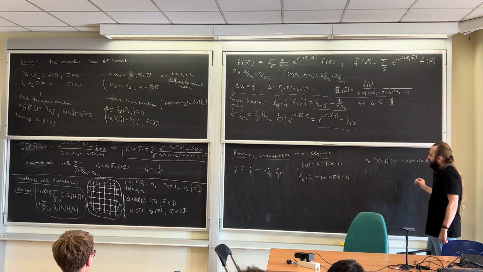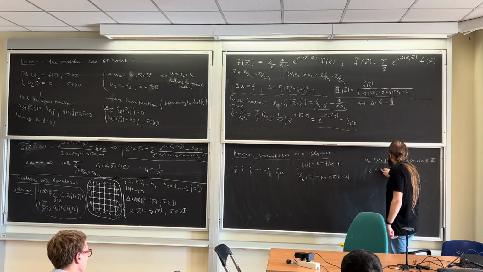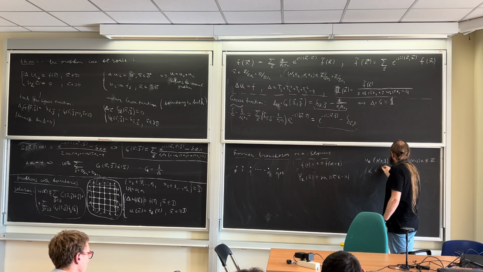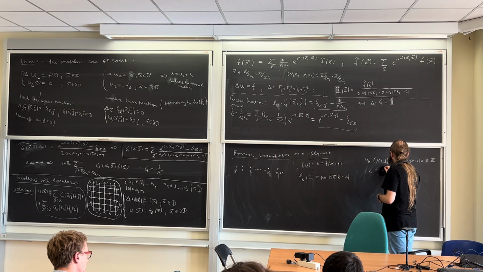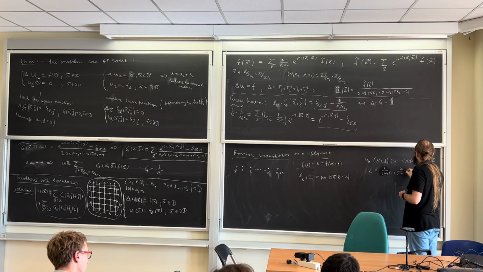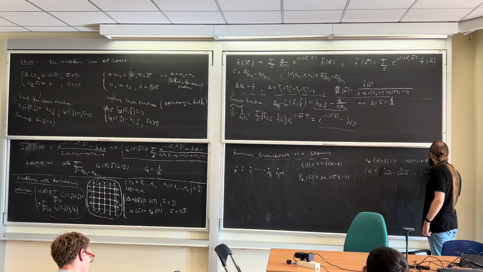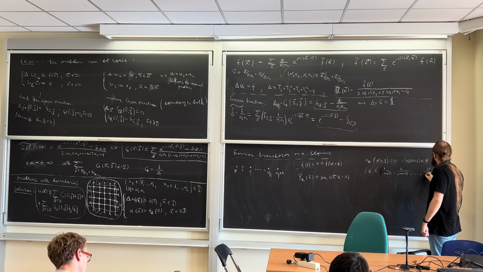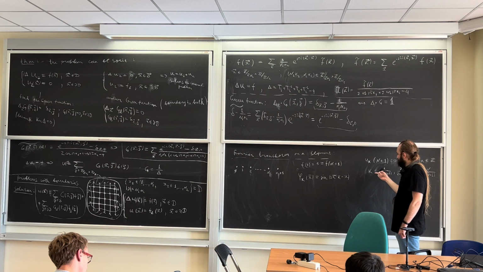So it means that now k in this formula goes from 1 over 2(n plus 1), 2 over 2(n plus 1), and so on, up to n over 2(n plus 1), like this.